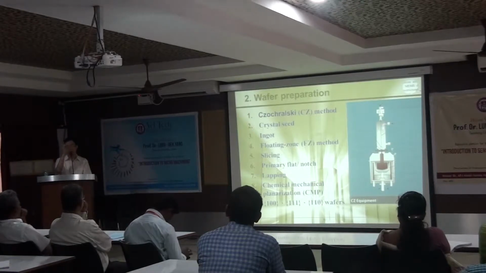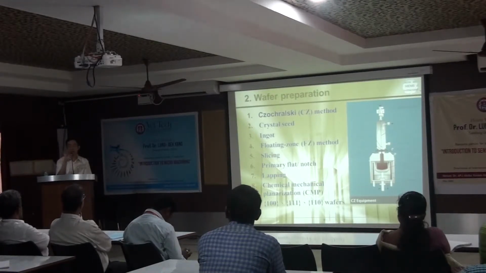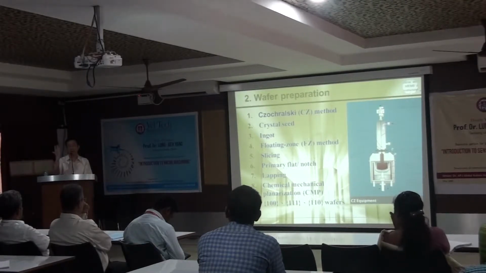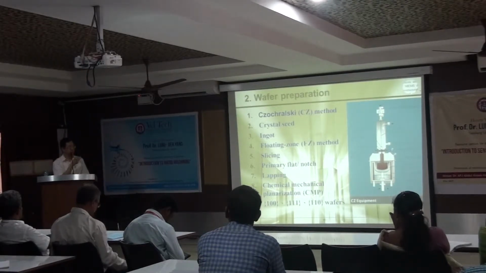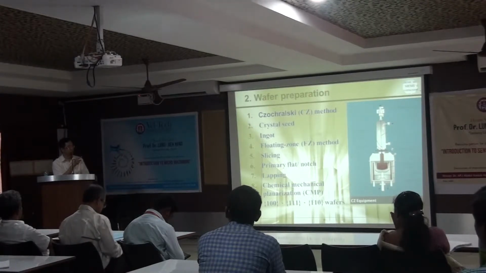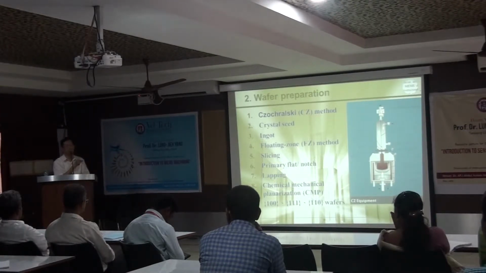So whenever you look at a silicon wafer, you will find the surface is mirror-like, very shiny, very flat, without any defects, very beautiful. It's because of the lapping and the CMP process.